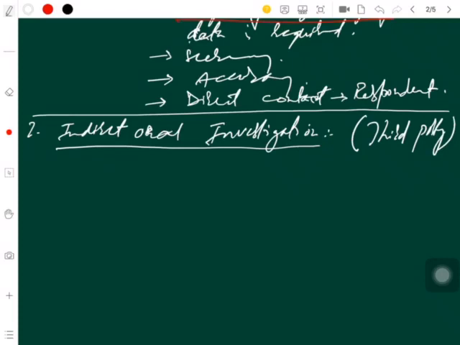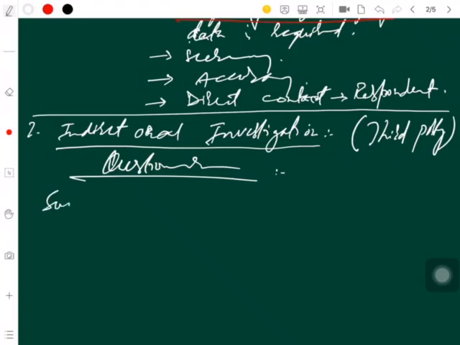So the investigator approaches certain sources which are connected with the information directly or indirectly. Usually a list of questions relating to the inquiry is prepared, and these questions are put to different persons. So that means a questionnaire is used. What is a questionnaire, we will come to know shortly.